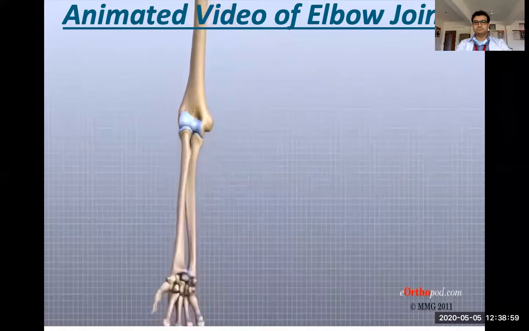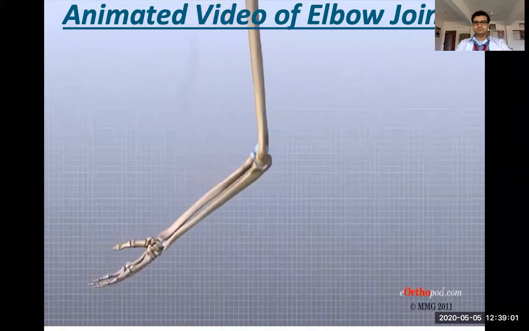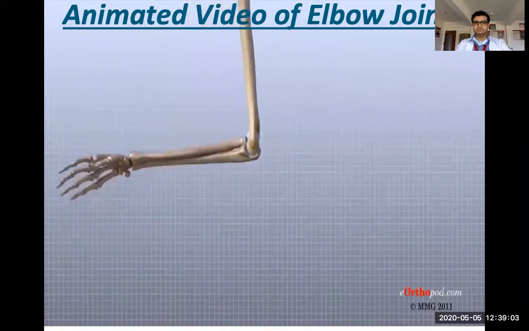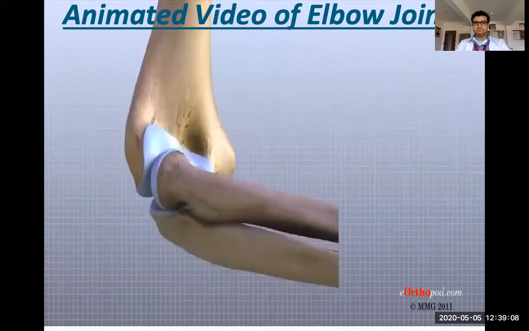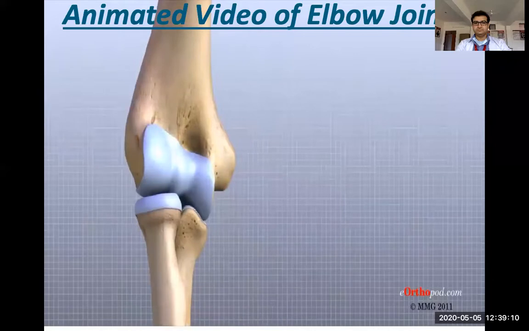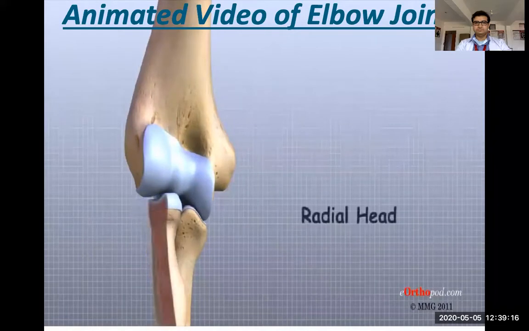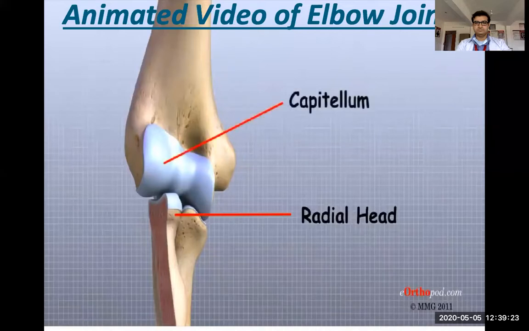This joint is complicated because the radius has to rotate as you turn your hand palm up and palm down, while at the same time it has to slide against the end of the humerus as the elbow bends and straightens. To make this motion possible, the radial head is shaped like a smooth knob with a shallow cup at the end. This shallow cup fits against the capitellum, a rounded knob at the end of the humerus that forms part of the elbow joint.